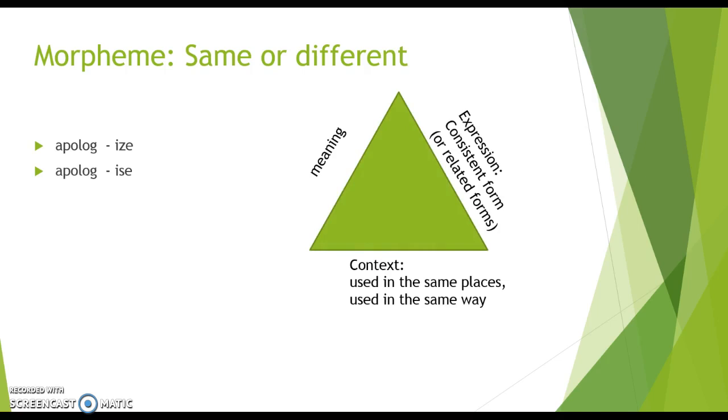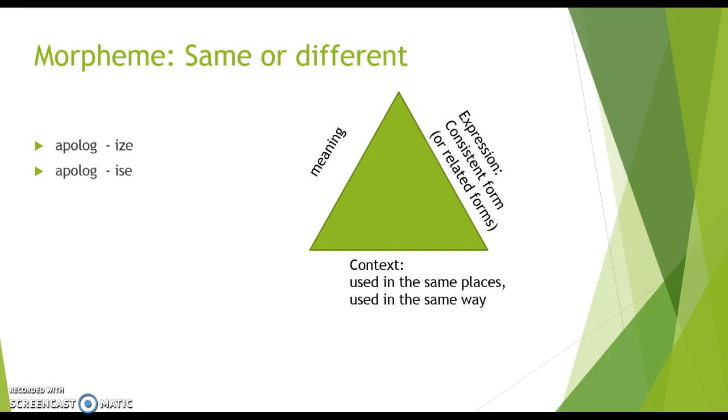Remembering that if we're going to try to identify a morpheme, we're going to ask if it has the same meaning. Yes, we think that these two suffixes have the same meaning, and it's obviously in the same context. It's right there on the same stem, and the question is, is this a consistent form?